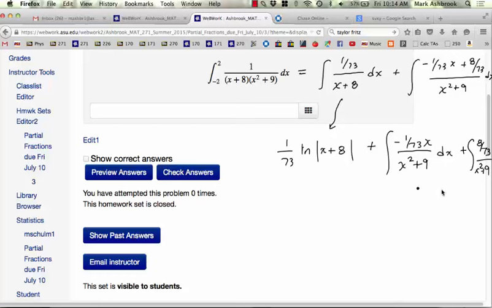Okay, so now how do we deal with this? First integral here, negative 1/73rd x over x squared plus 9. So can we just do natural log of x squared plus 9? Can we do natural log of x squared plus 9? Yes or no? Why?